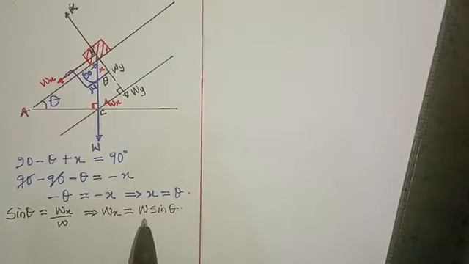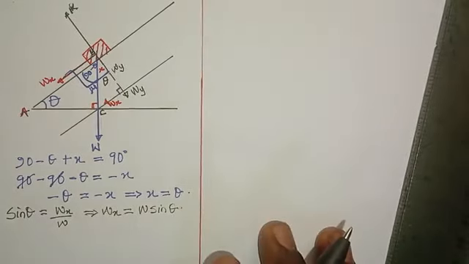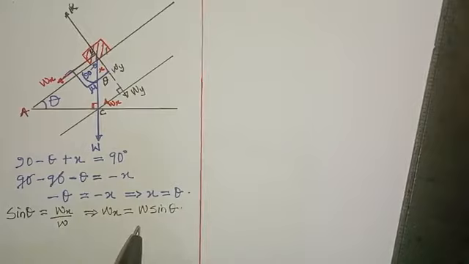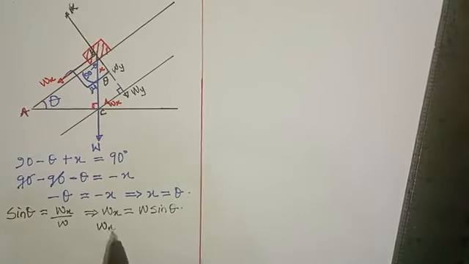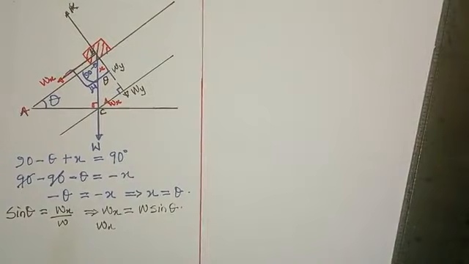So if you write the weight in terms of mass, that is mass times acceleration due to gravity, this shows that the component of the weight along the inclined plane is equal to mg sine theta.